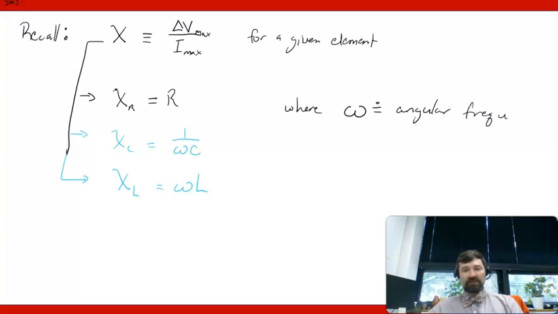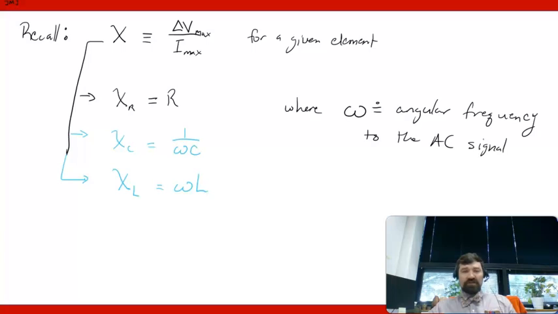So R and C and L are specific to the device, and then omega is specific to the AC signal that is being applied to that device.